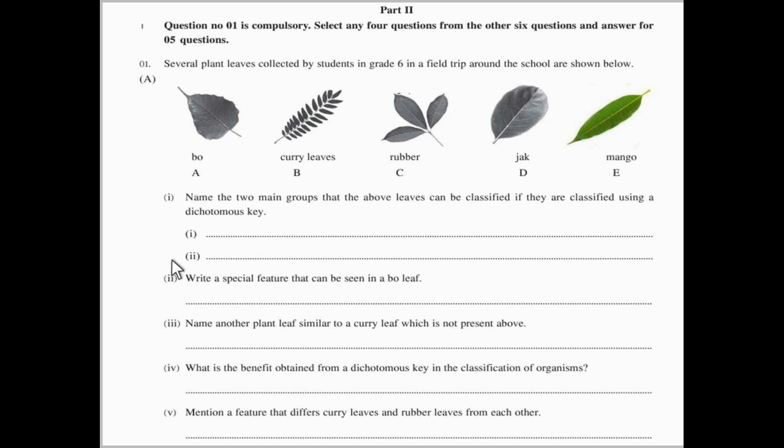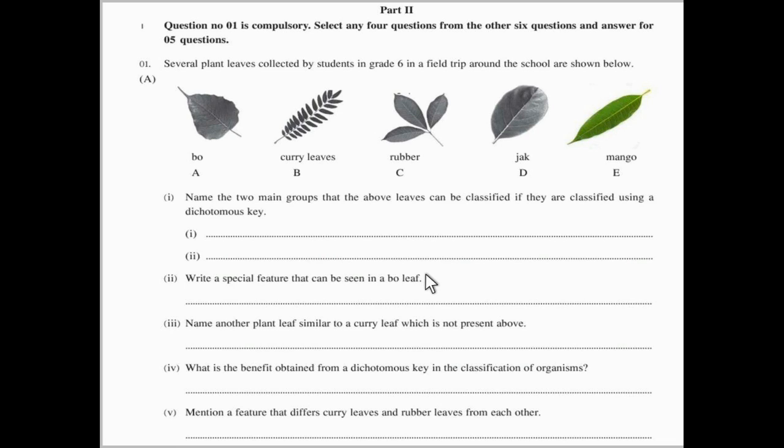Okay. Then Roman number 2, write a special feature that can be seen in a bow leaf. Write the special features that can be seen in a bow leaf.